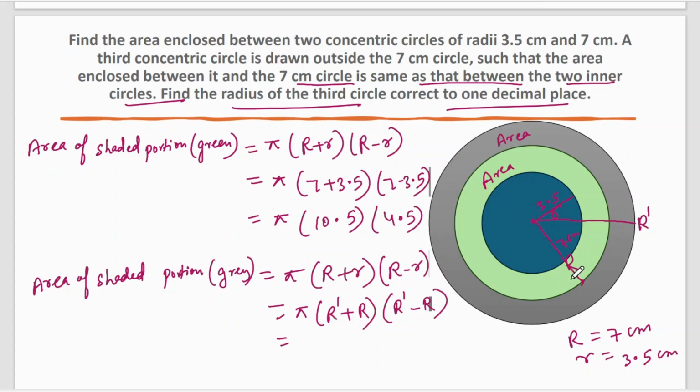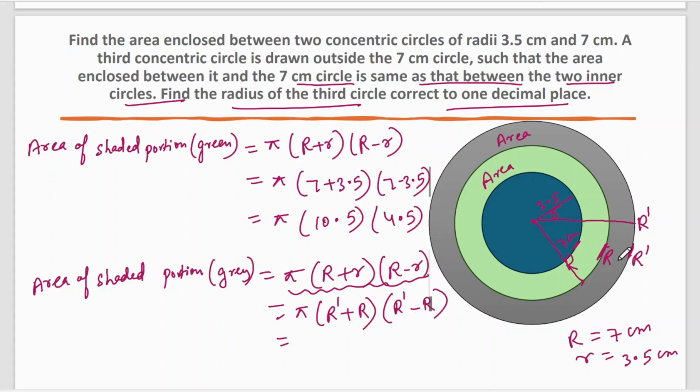If you are getting confused, I have written only the formula. What is the formula? We have to add the radius of the outermost circle and the innermost circle. Right now I am finding the area of this part, so I take the radius of the outer circle as R dash and the radius of the inner circle as r.